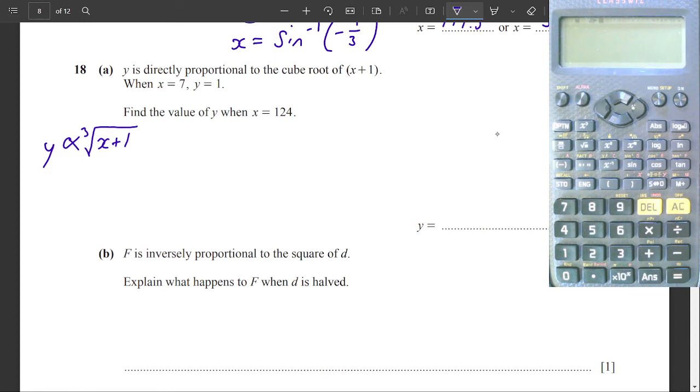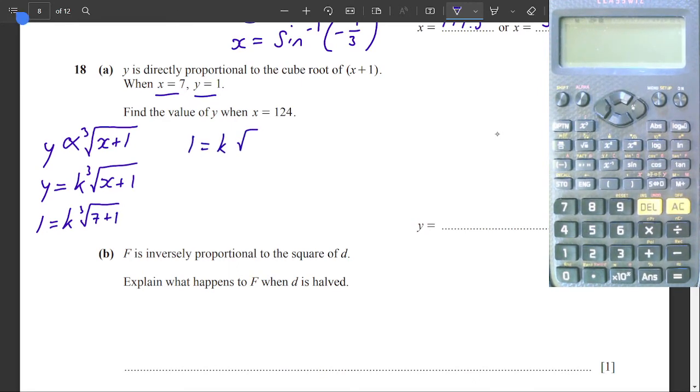Now we can make that an equation if we put in the constant k. Next step would be to substitute the x and the y values to work out that constant k. So y is 1 equals k. This is not k cubed, sorry, this is cube root. x is 7.